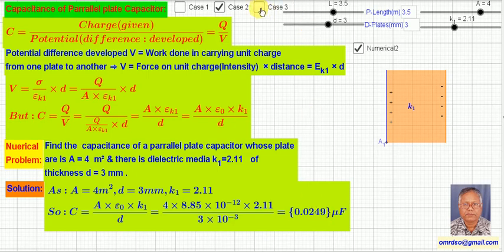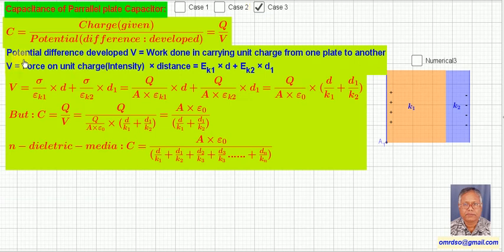Here I will take two media between the plates. So case 3. Potential difference developed. To find out the capacitance you need charge upon potential difference developed. So V is the potential difference, which is equal to the work done in carrying unit positive charge from one plate to another plate.